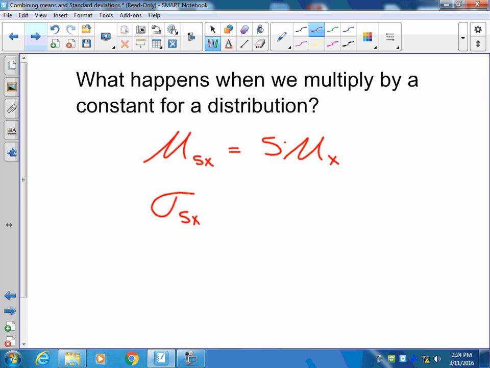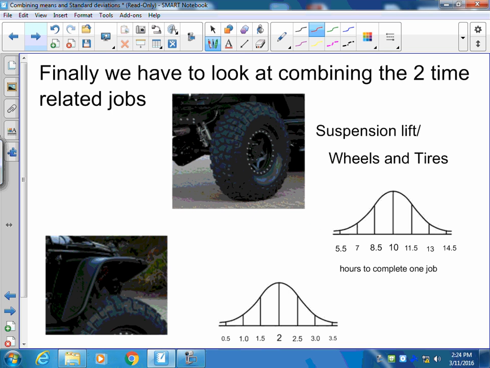Standard deviation of 5x, what we're doing is we're really stretching out this distribution because every time we can have a different situation involved here. So that equals 5 times the standard deviation of x. Okay, we're going to have to be careful with standard deviations as we move along because things don't always affect the standard deviation the same way. And we'll see that here in a second.